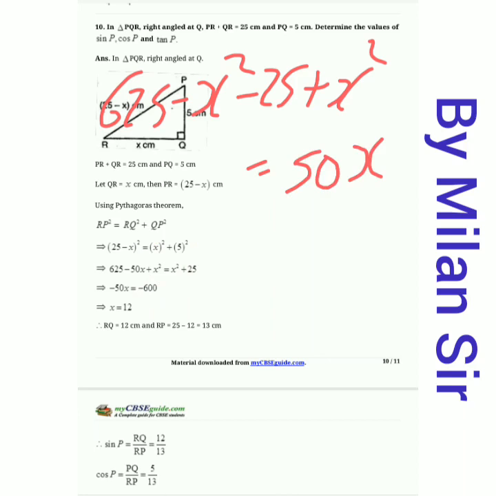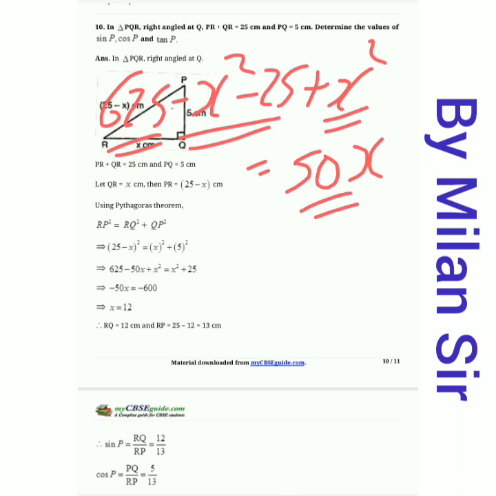Okay, so I transfer x square plus 25 to the left hand side, 625 and x square both are as it is. If I transfer x square plus 25 to the left hand side, then it becomes minus, and 50x if I transfer to the right hand side, it becomes positive.